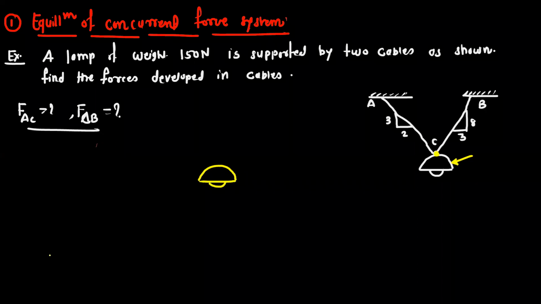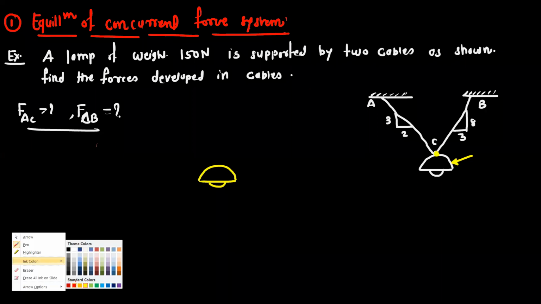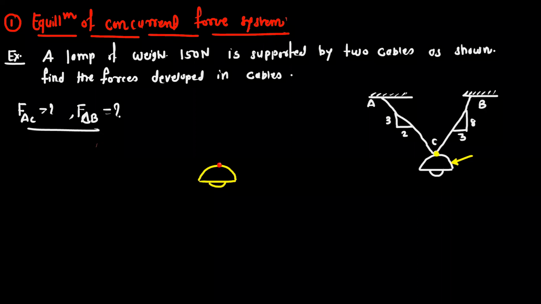Then you should show the forces acting on the lamp. Your first force will be at the point C. This is the force in the cable BC. So this is the force BC.